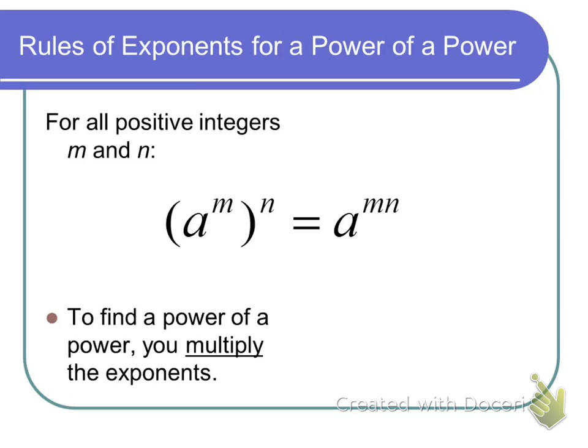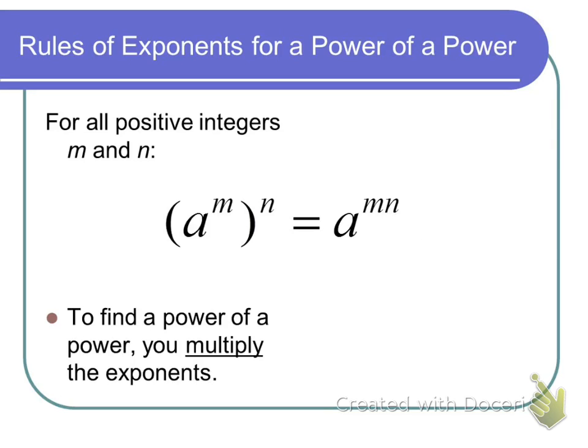All right, our first rule of the day. Rules of exponents for a power of a power. For all positive integers m and n, a to the m raised to the n is equal to a to the mn. What is happening between m and n when we write them right next to each other?